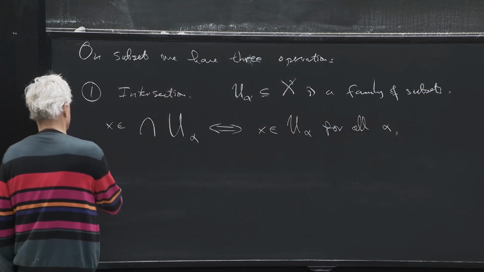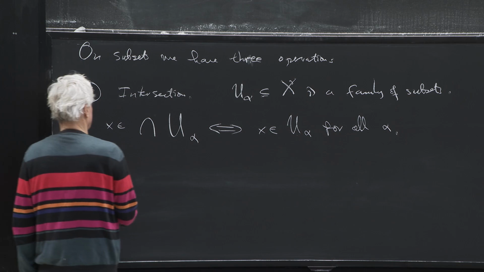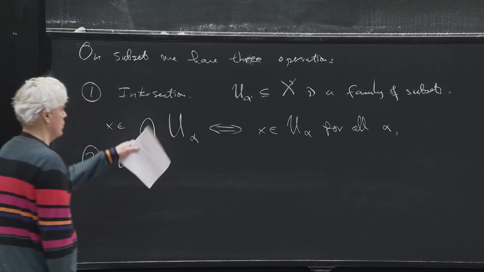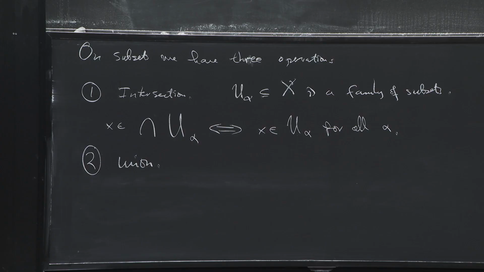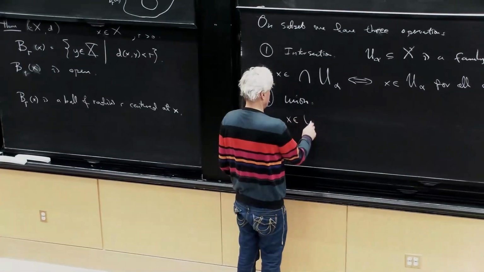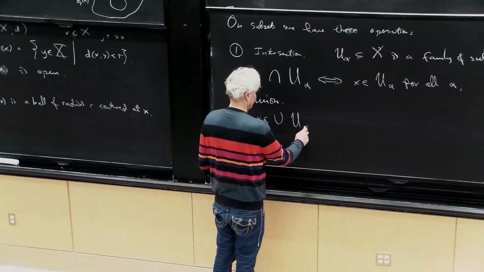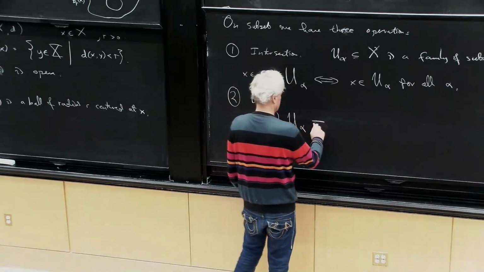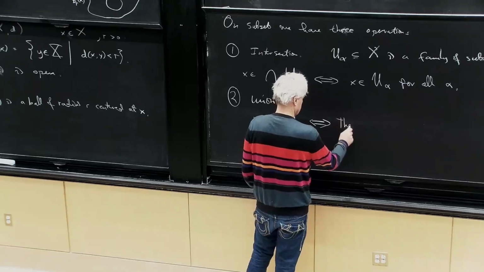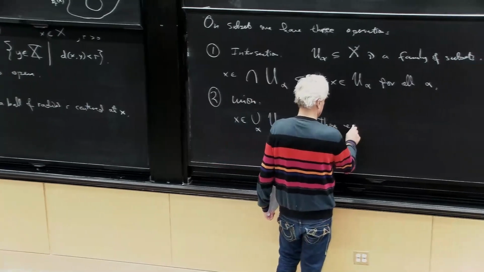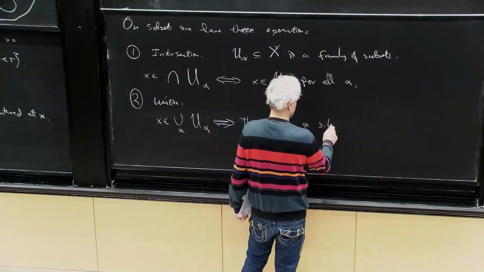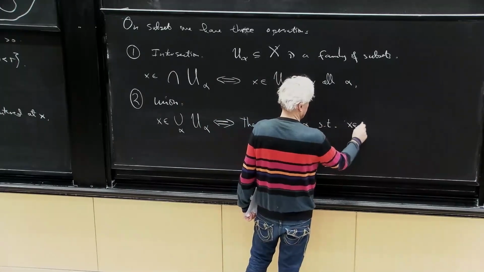The second operation we looked at was union. Again, U_alpha is a family of subsets. Then x is in the union of the U_alpha, which is the same as saying that there exists alpha such that x is in U_alpha.